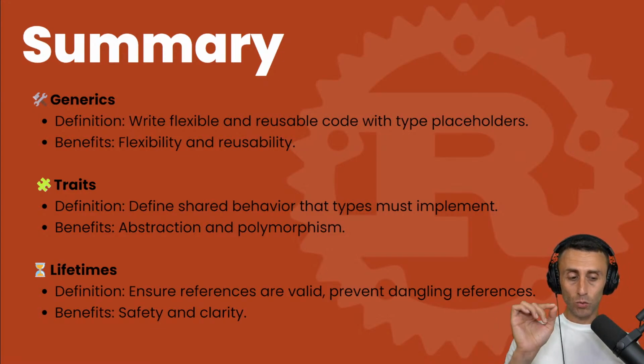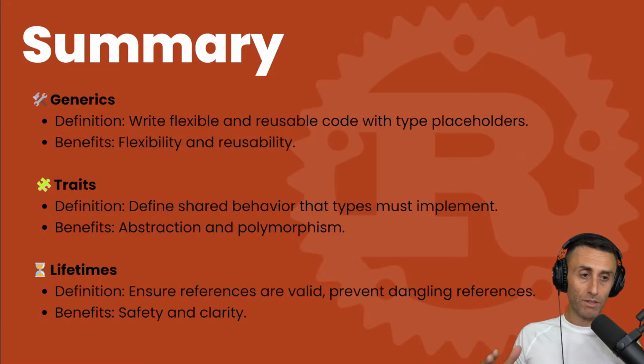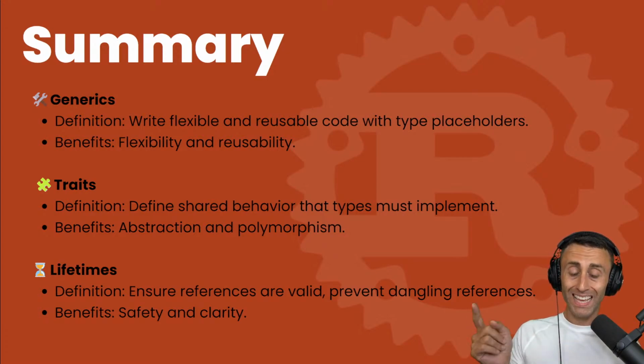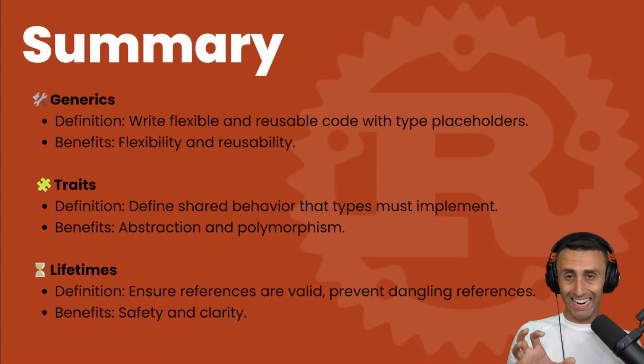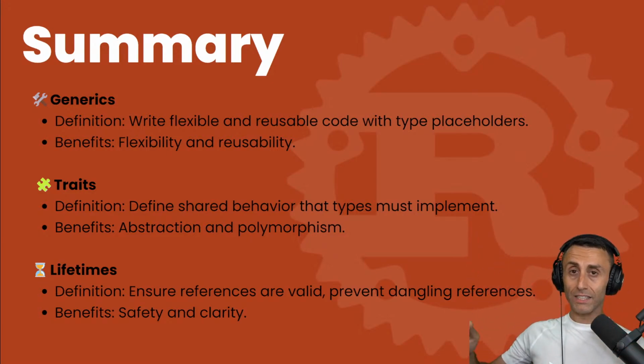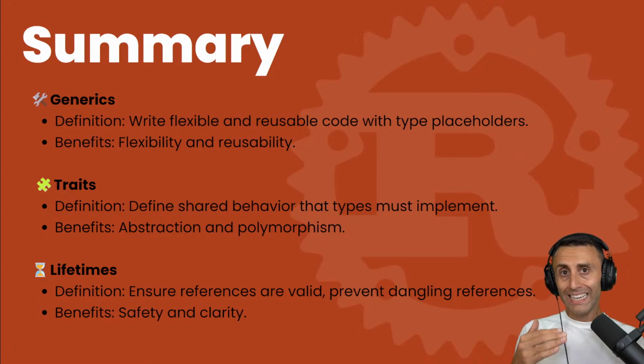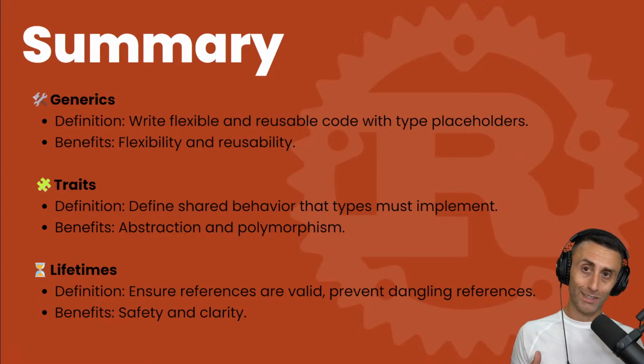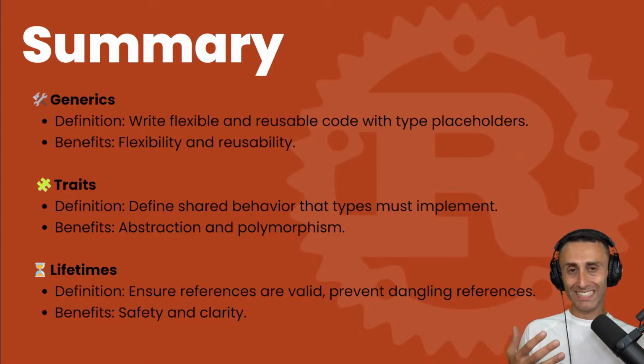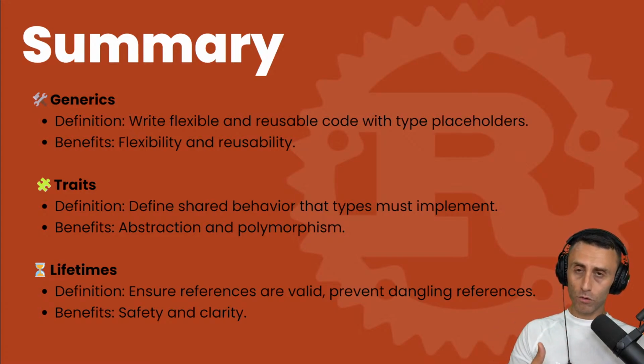The idea is to define a shared abstract behavior between some implementations. We saw an example some minutes ago. And lifetimes are used to be sure that we have a reference which is still valid and to prevent dangling references when we are using other variables in our code. We are getting into concepts that are not that basic anymore, so we are starting to use something more powerful, and of course soon we will be able to do something cooler.